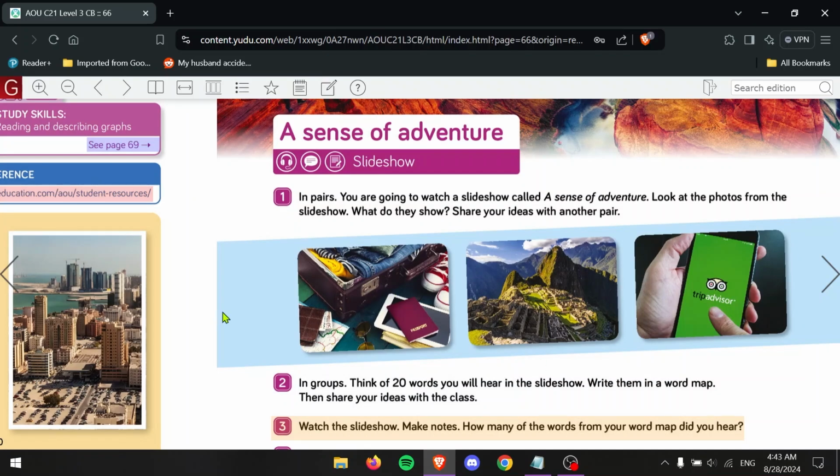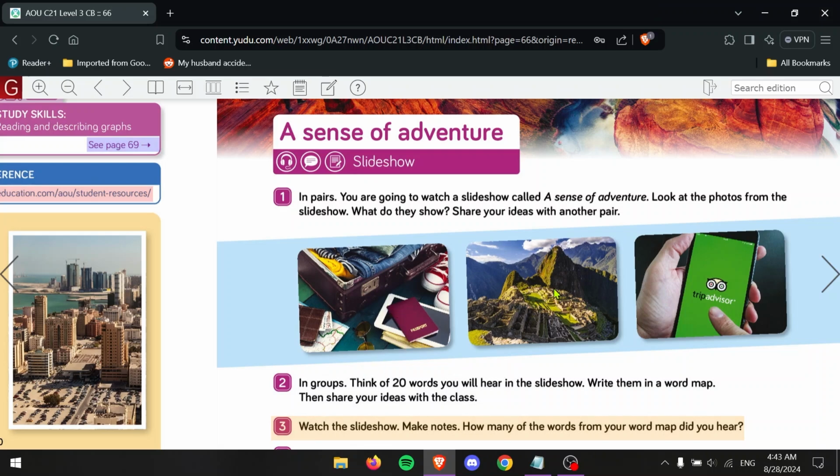I'd like you to pause the video for a bit and just take a quick look at these pictures and think about what you see and what it could represent in the slideshow. If you're in pairs, you could talk about it with your partner as well, and then come back and we'll move on. Personally, it looks like there's going to be some stuff about traveling. I see a passport.